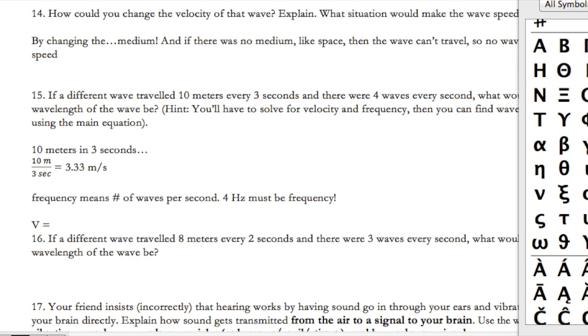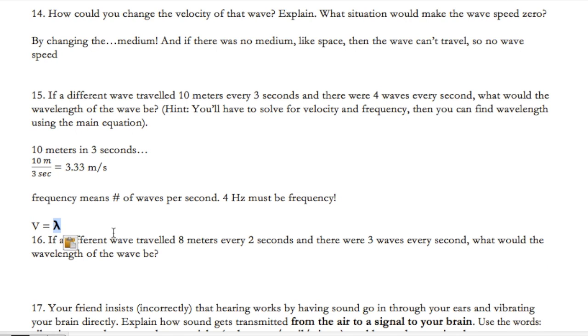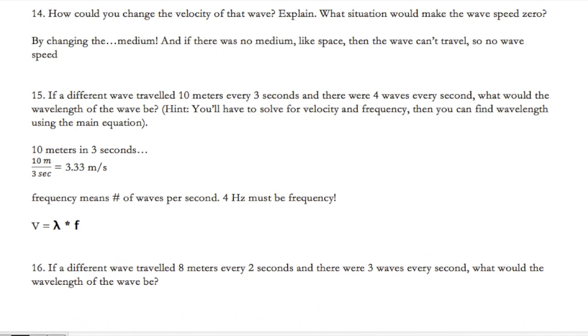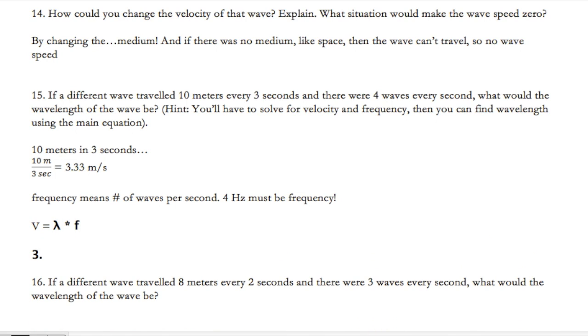All right, so here's all of our Greek letters, and the wavelength one is right here. Wavelength times frequency, and that means we can plug in velocity of 3.33 equals wavelength, which is what we're looking for, times 4.